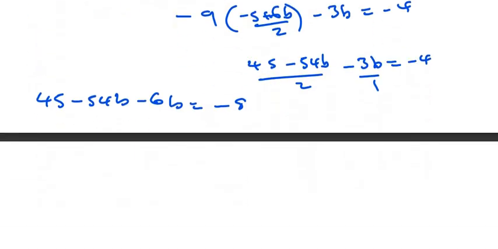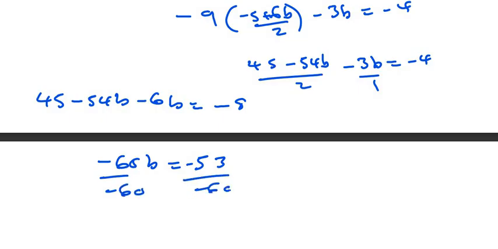Then this here is just going to be, 45 goes the other side. This is going to give us negative 60b is equal to, the 45 goes on the other side, 45 plus 8. That's going to give us 53, which is negative, of course, over negative 60.